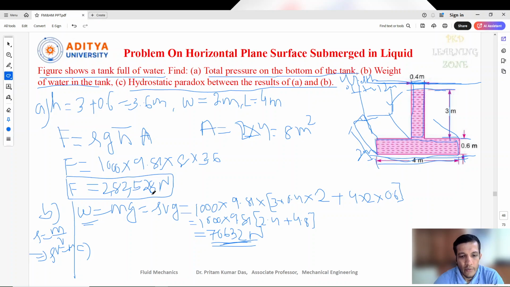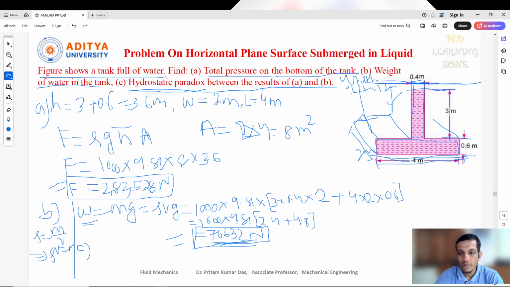The weight of the water in the tank is much less, about 4 times less, than the total pressure force at the bottom of the tank. And actually this concept is known as the hydrostatic paradox, the relation between this point and this one.